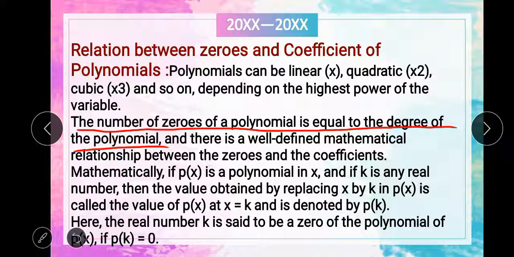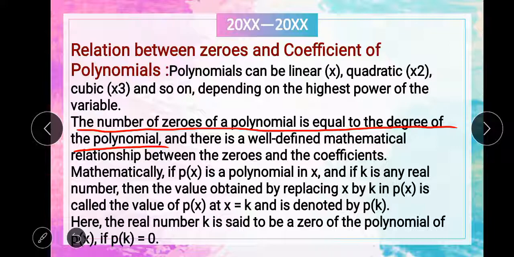And there is a well-defined mathematical relationship between zeros and coefficients, as our heading says. Mathematically, we can say if p(x) is a polynomial in x and if k is any real number, then the value obtained by replacing x by k is called the value of p(x).